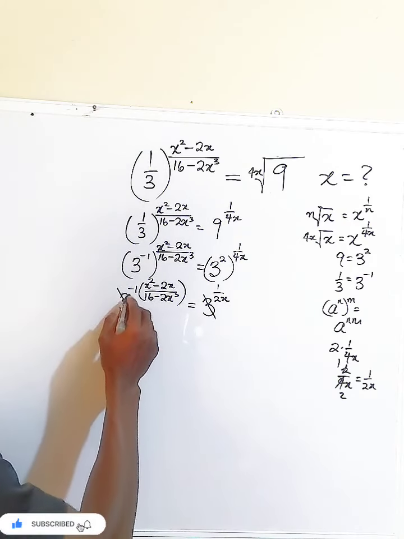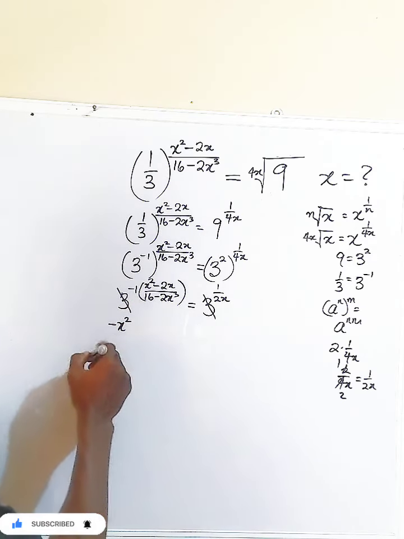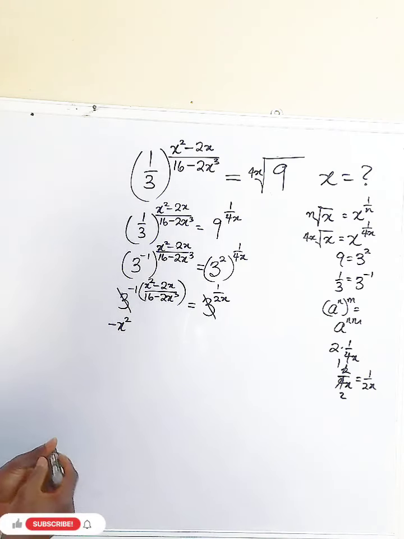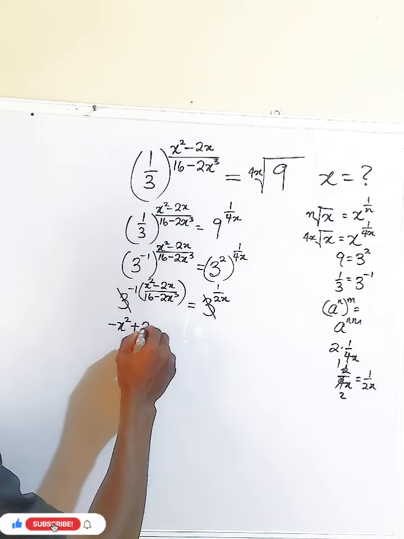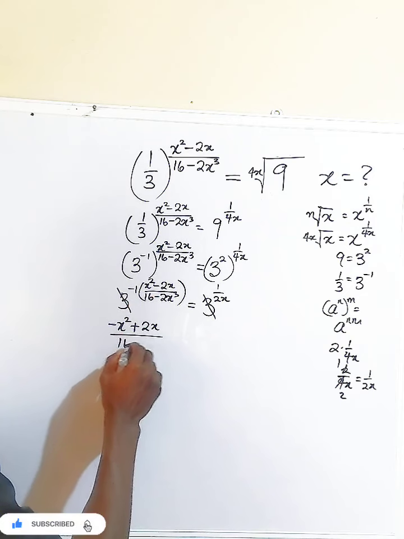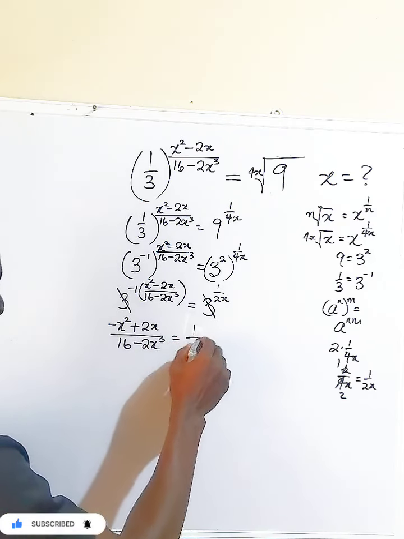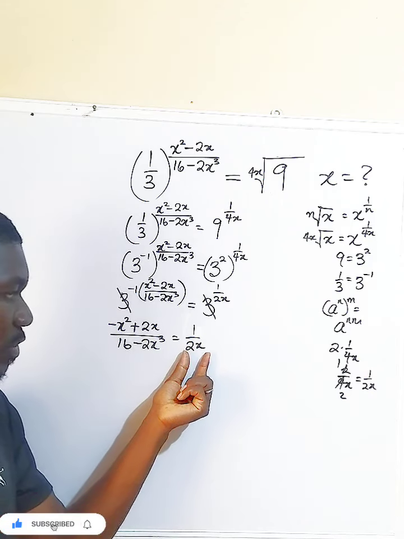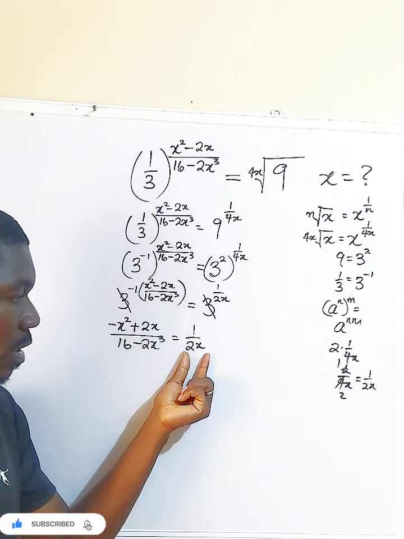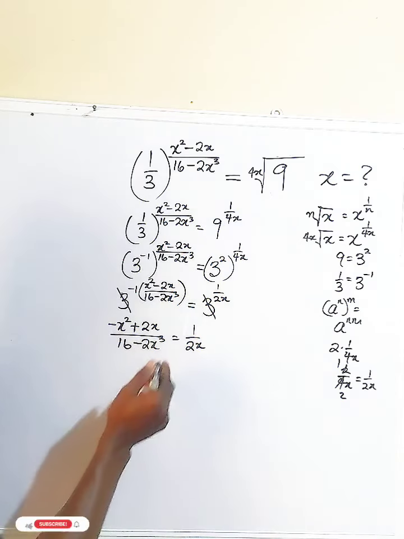So here we have minus x² plus 2x, because the minus affects the minus inside, all over (16 − 2x)³, then equals 1 over 2x. Now let us multiply both sides by 2x, to help us eliminate the 2x here, or we cross multiply.